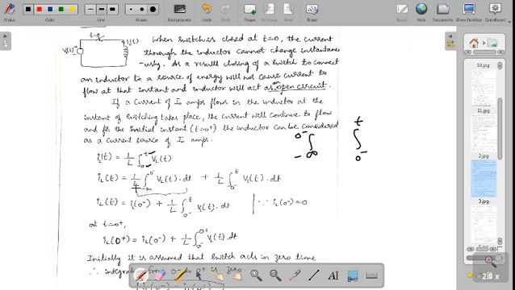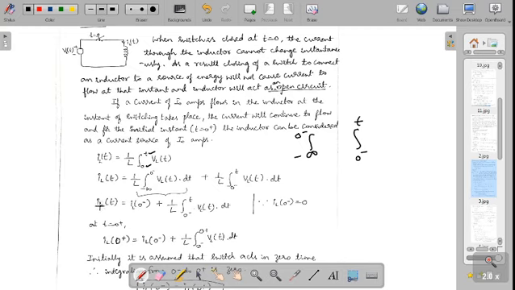When you have broken down this equation, what does minus infinity to 0 minus indicate? This is before the closing of the switch, and the other part is from the time of closing, that is 0 minus up to t.